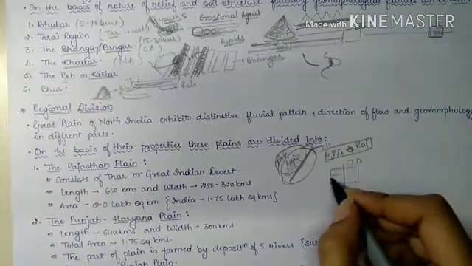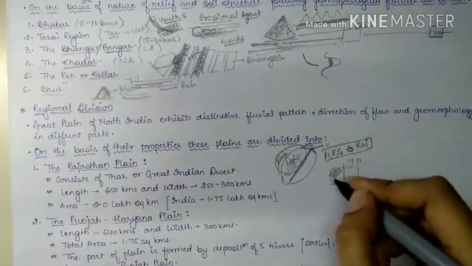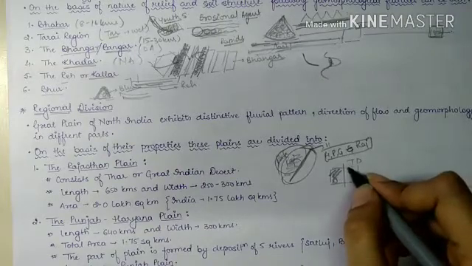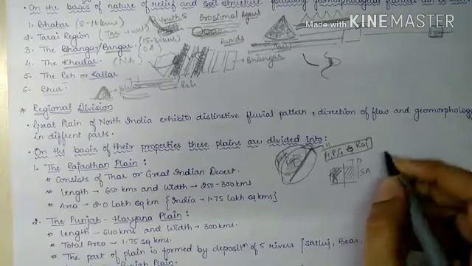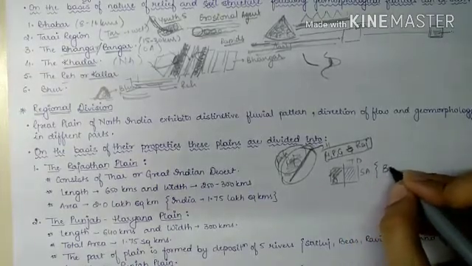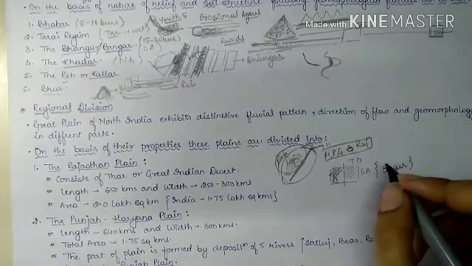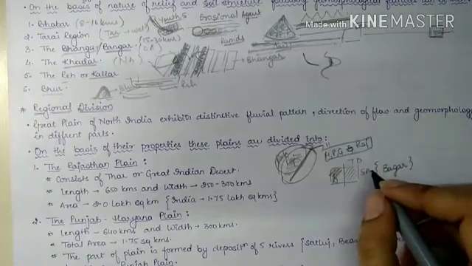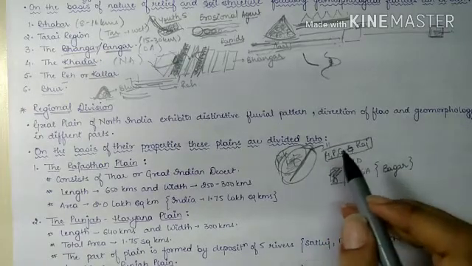If we consider this as the desert, its western part is the whole Thar Desert, and it consists of both sandy desert as well as rocky desert. The eastern part is a semi-arid region, and it consists of the old Bagar, known as the Rajasthan Bagar. It is a semi-arid region.